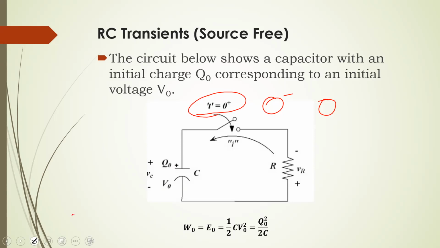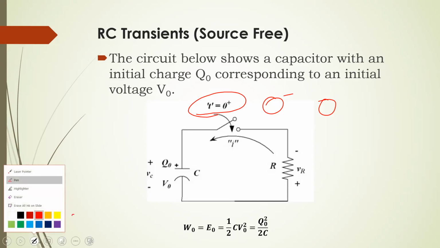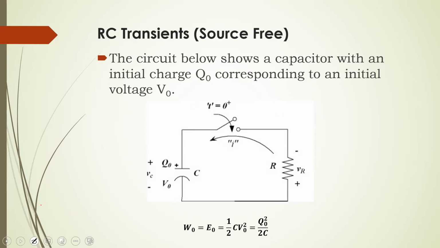The other thing we want to take note of is the energy. We're going to come back to this later on, but just take note of it. The energy is equal to half CV0 squared.